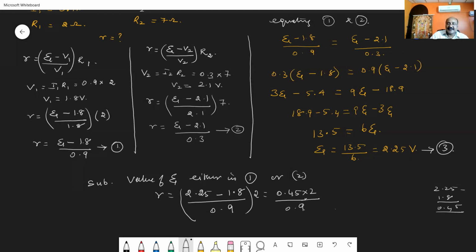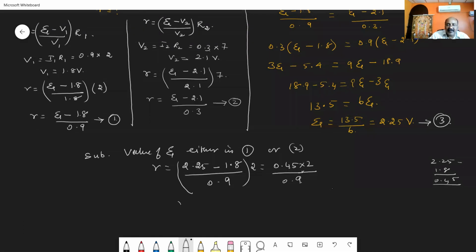What will be your answer? r will be then equal to 0.9 divided by 0.9, and I am multiplying it, you will be able to get 2 zeros. Otherwise you can multiply 10 on the top and bottom. What will be your answer? 4.5 into 2. So am I correct?